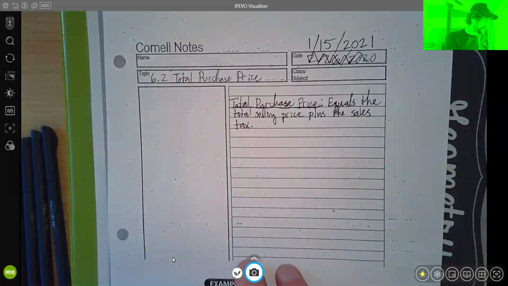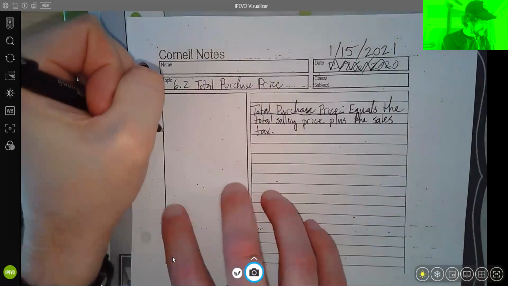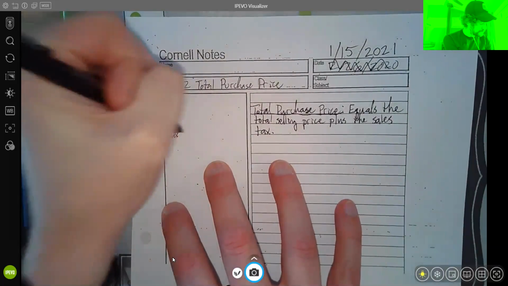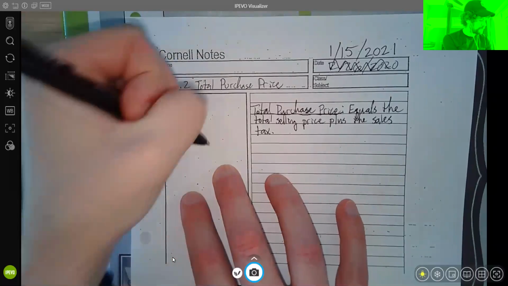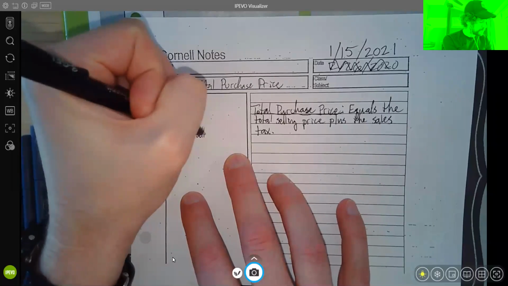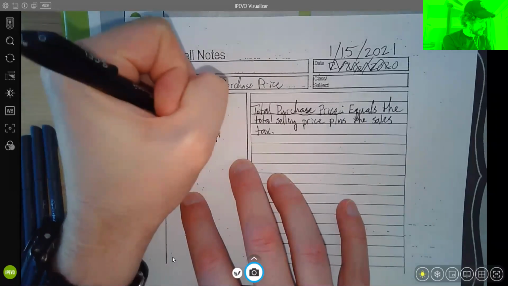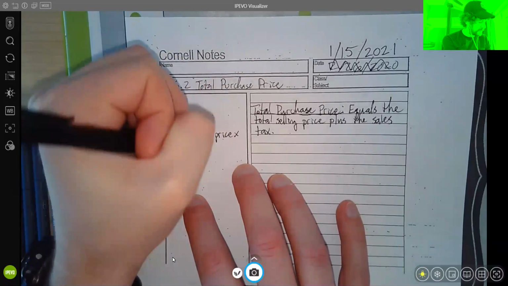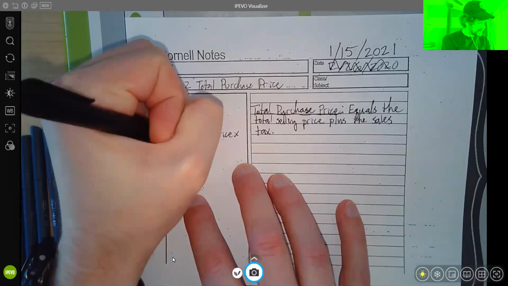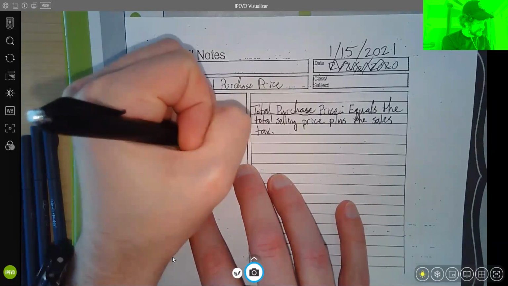And just a reminder from yesterday that sales tax was equal to the selling price multiplied by the sales tax rate.